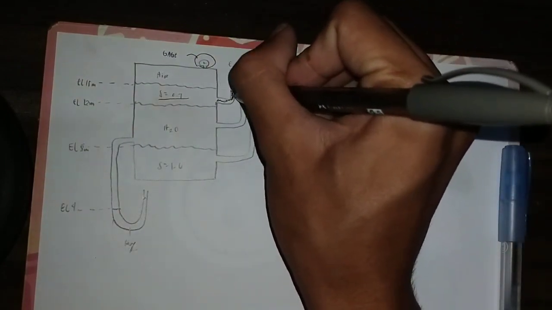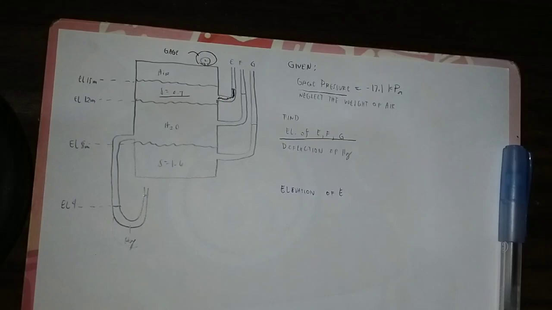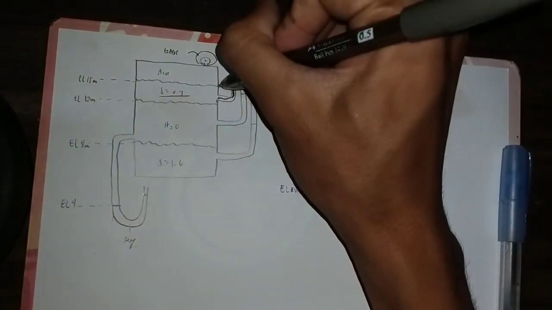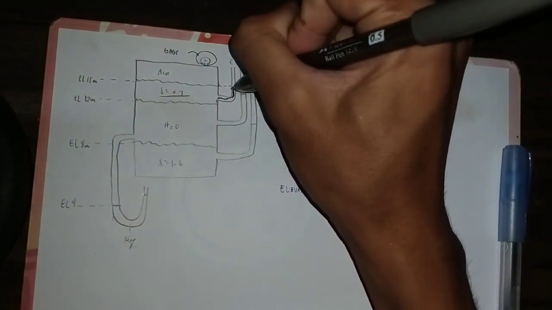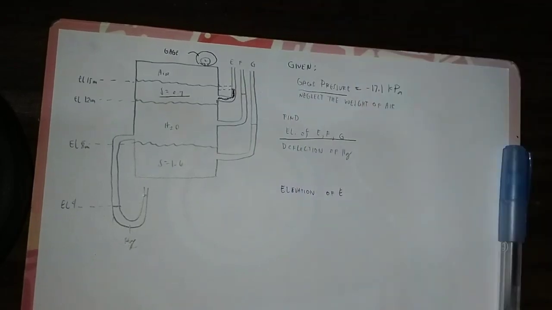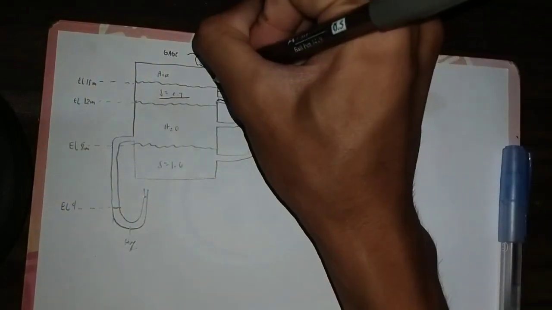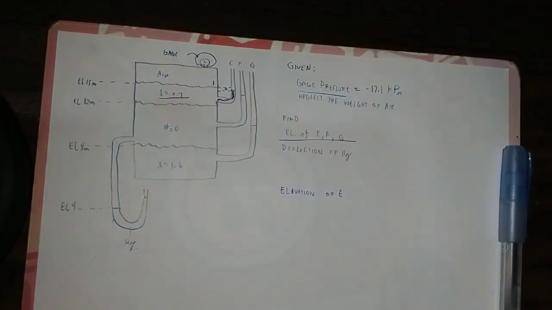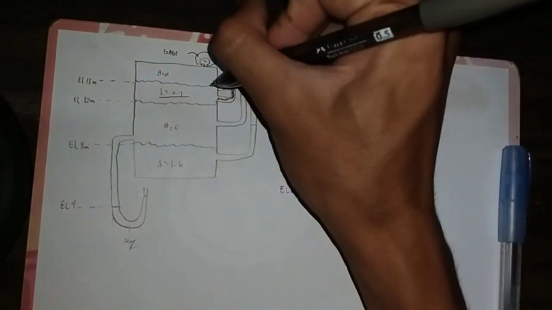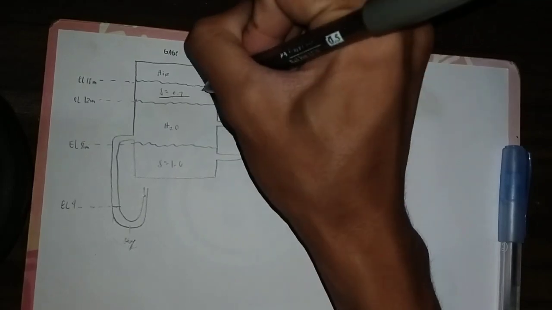So this is E here. As you can see, it does not touch the elevation of 15. So let's say this is the height. Let's add point 1 here, and then let's say point E is in here.